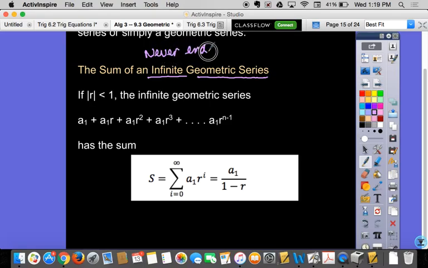Now, if you get to thinking about that, it kind of makes your head hurt, because you're trying to find the sum of a series or sum of a sequence that never ends.